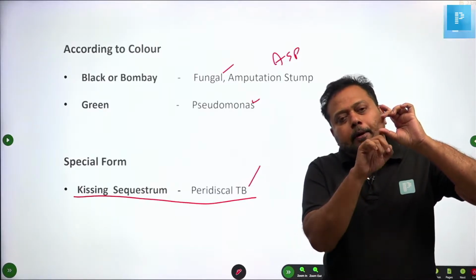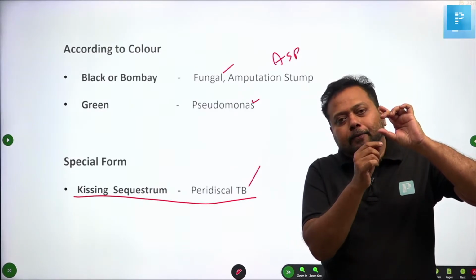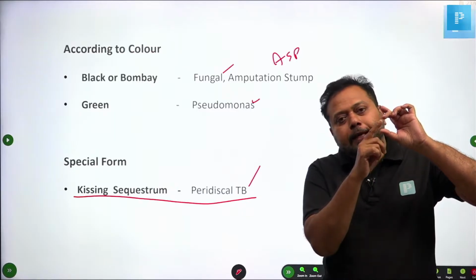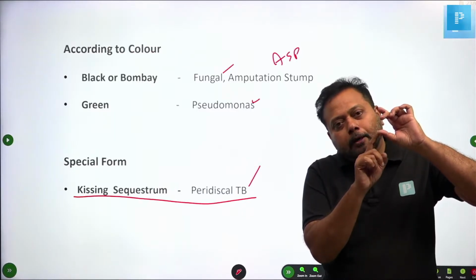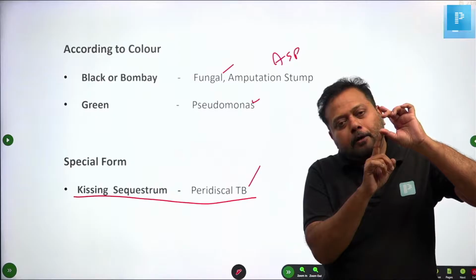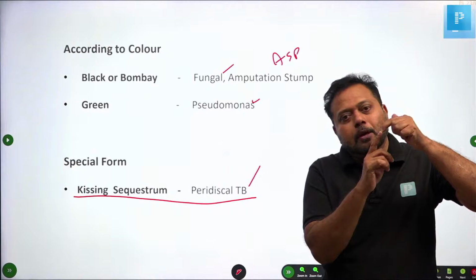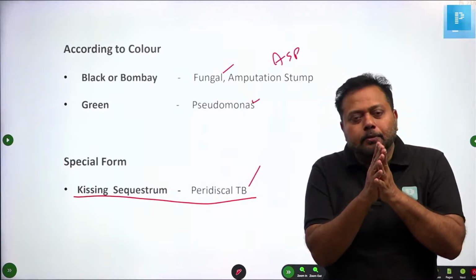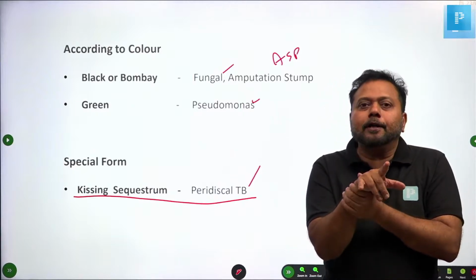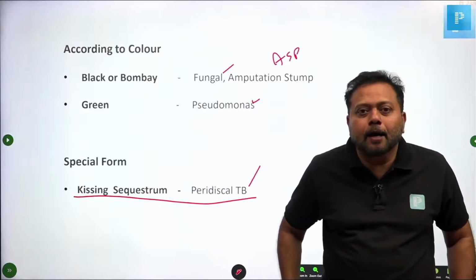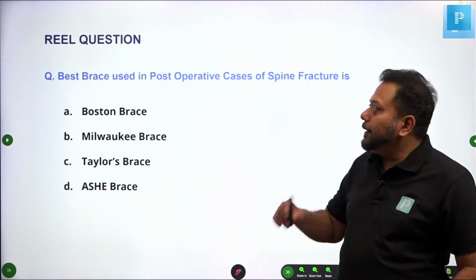Two vertebral bodies are affected with pot spine. The lower part of L3 and the upper part of L4 both will touch and that will form a sequestrum, and that is called kissing sequestrum. Whenever the word kissing sequestrum comes, the only diagnosis in the world is pot spine. Okay, that completes this question.